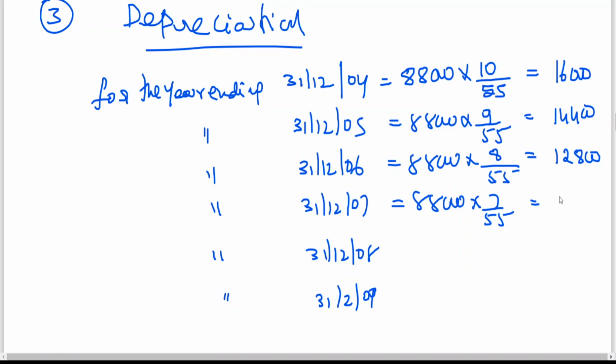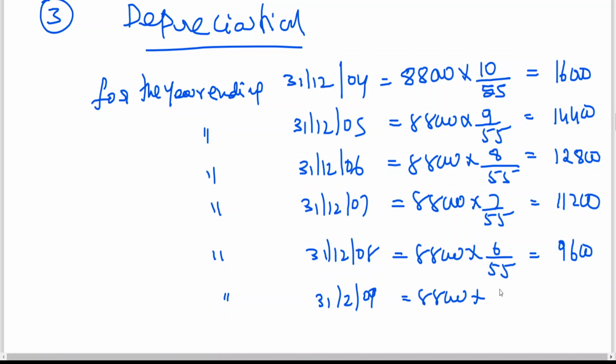You are getting 11,200. 88,000 into 6 by 55, 9,600. 88,000 into 5 by 55.